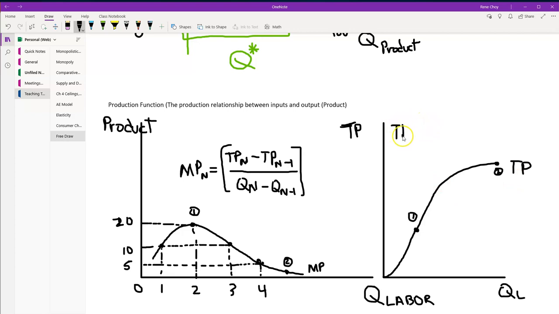Again, in case you haven't been following the previous lectures where we've already defined what the word marginal and the word total mean, basically marginal is the change in total, and total is basically the summation of the margins. So total product at unit n is basically the summation from 1 to n of all the marginal products.